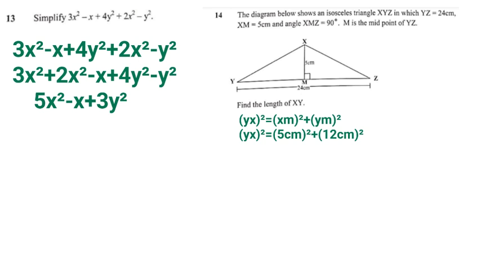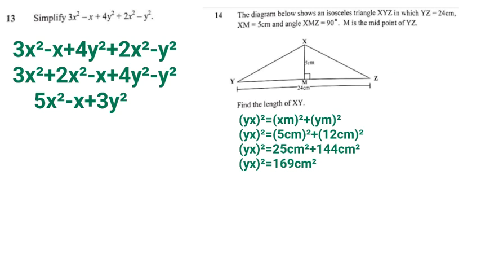Then we're going to say YX squared is equal to 5 times 5 is equal to 25 centimeters squared plus 12 times 12 gives us 144 centimeters squared. Then YX squared is equal to, when we add that, it's going to give us 169 centimeters squared.